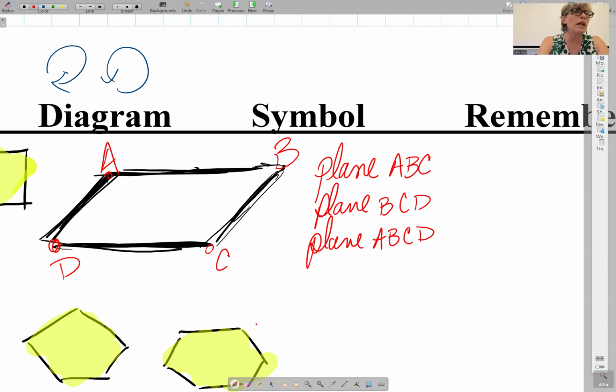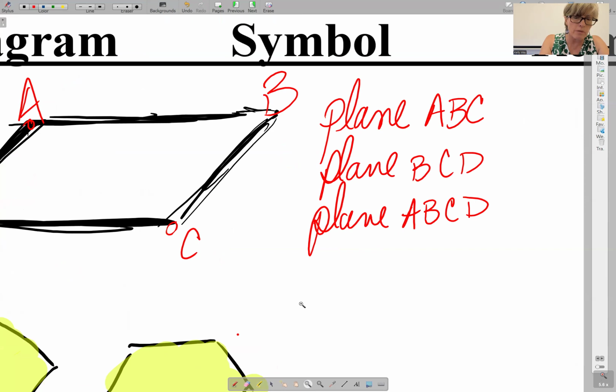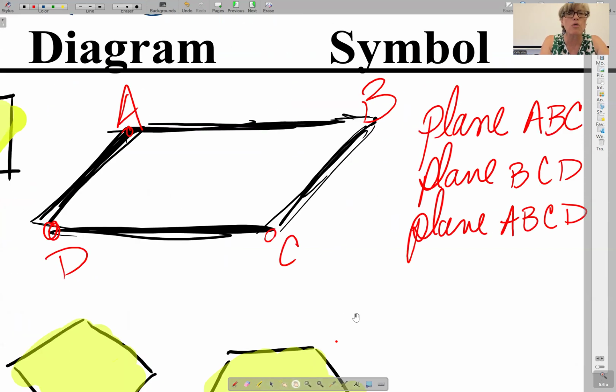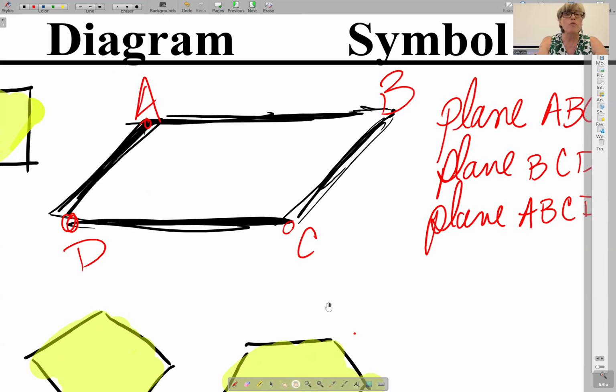Or we name planes by a single cursive or italic letter in the upper right-hand corner. And you have to make it italic or cursive in order to distinguish it from points. So notice I'm using printing for my corner points. But if I want to name this entire plane, I can do so like this.